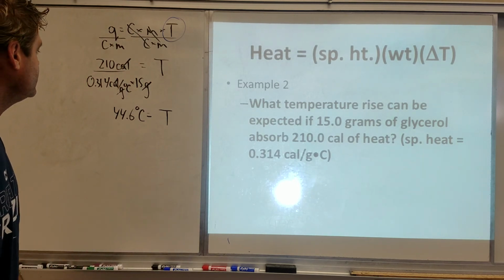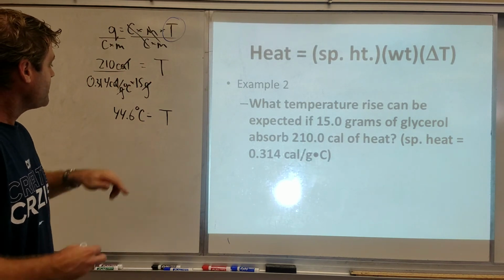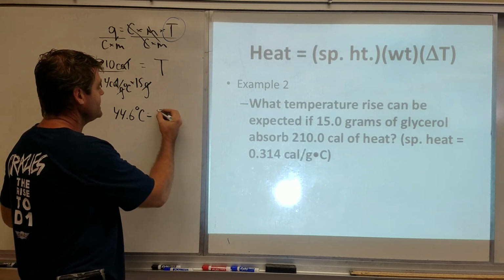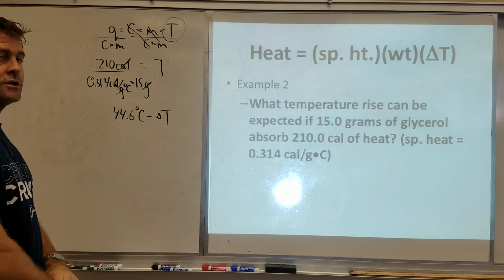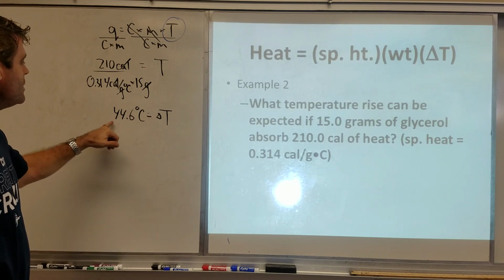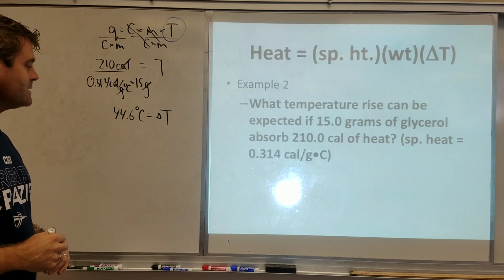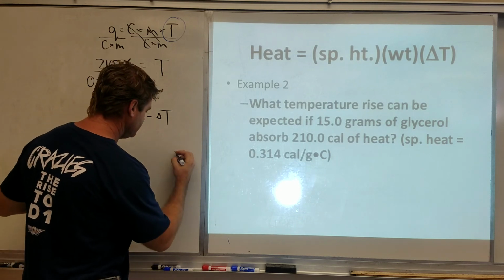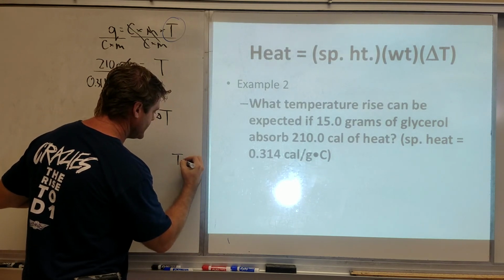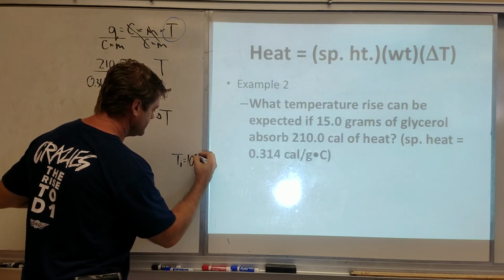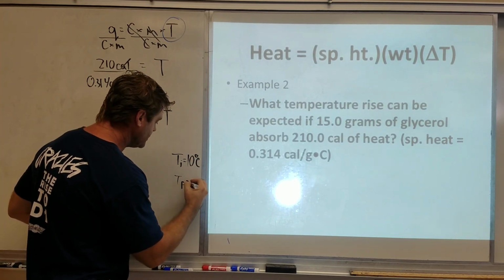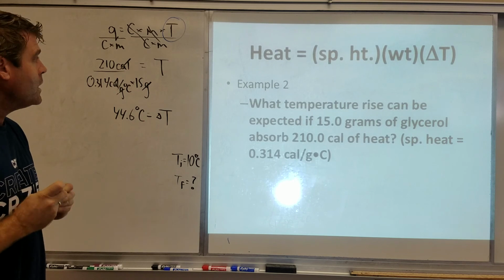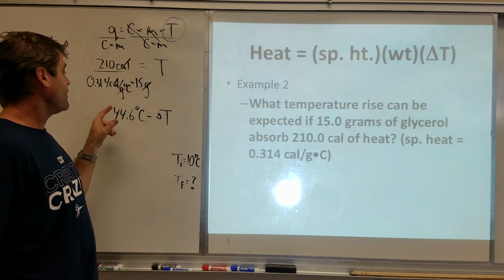Remember, this is not really the temperature, it's the change in temperature. So how much would I have expected the temperature to rise? 44.6 degrees Celsius. Let's say the initial temperature was 10 degrees Celsius. How would I figure out the final temperature? We used the specific heat formula to figure out the temperature change.